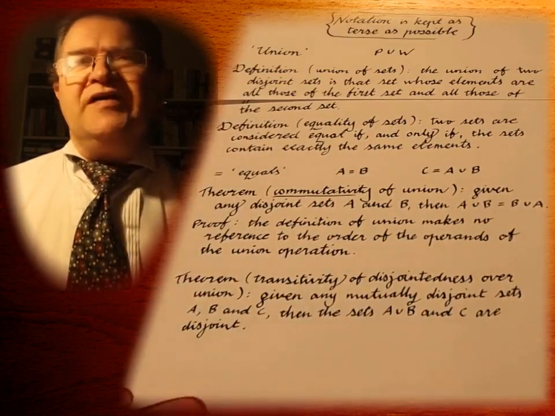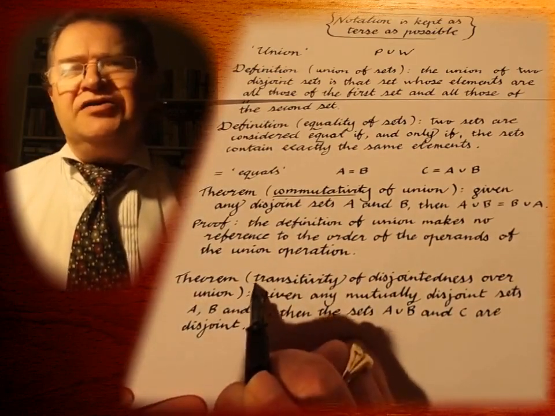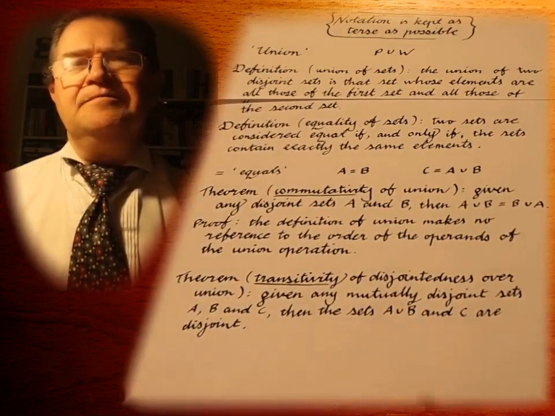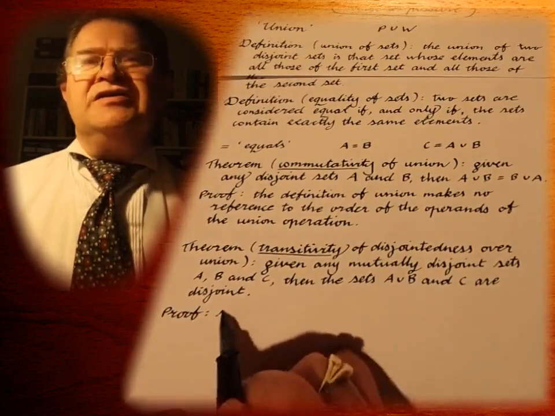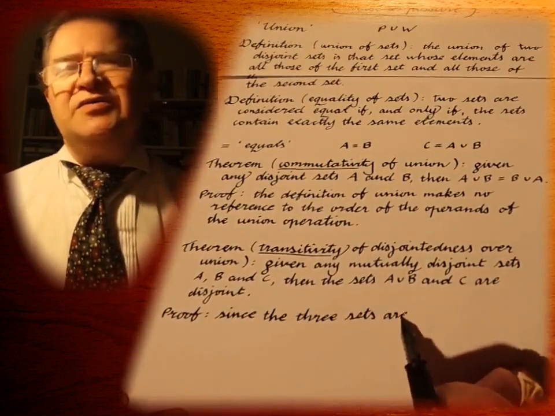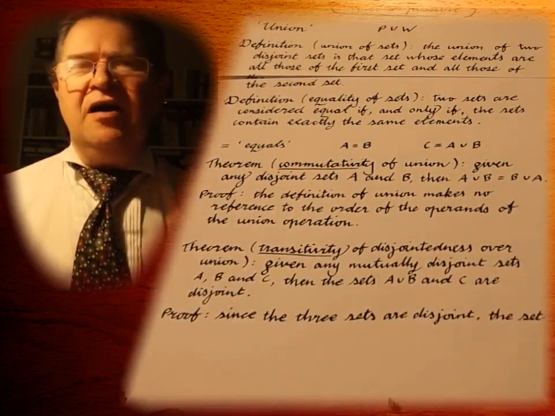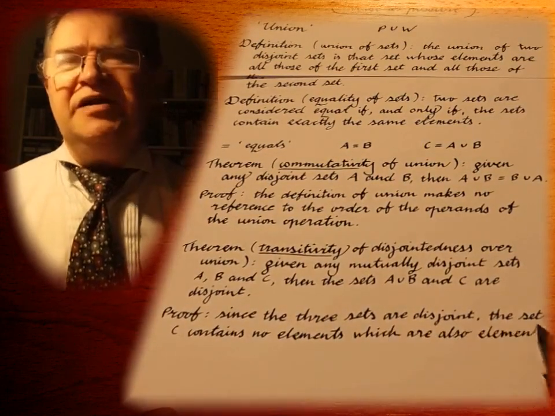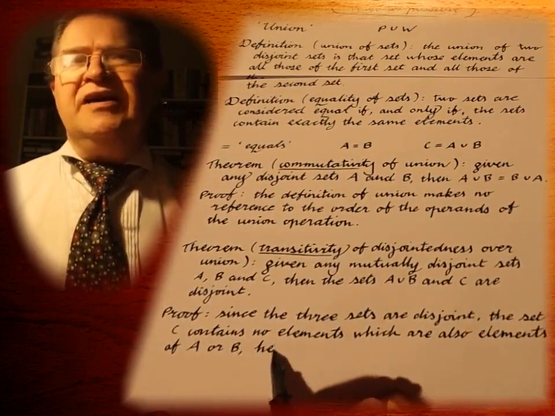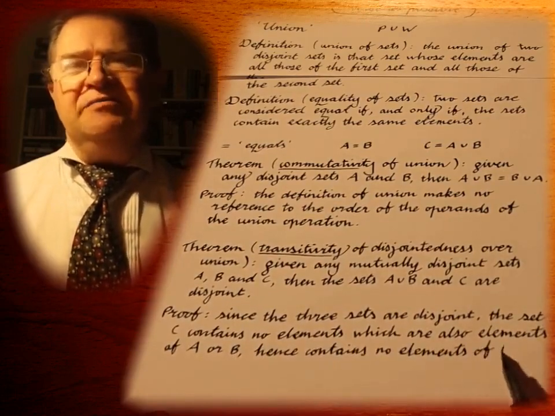That's what's known as the transitivity of disjointedness over union. The proof of this again is, since the sets are disjoint, the set C contains no elements which are also elements of A or B, hence contains no elements of the set A union B. C is therefore disjoint from A union B.